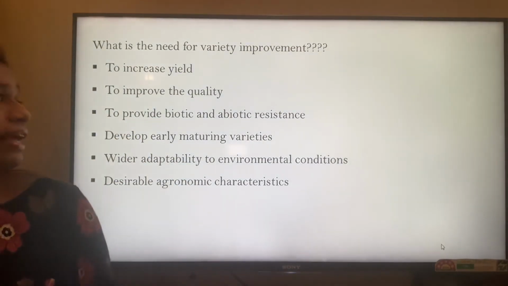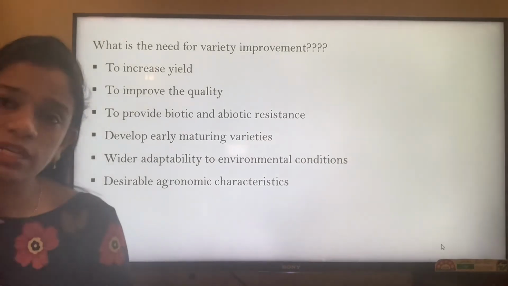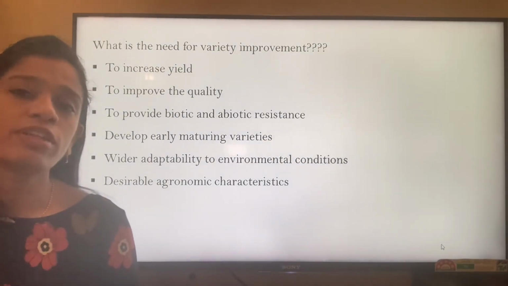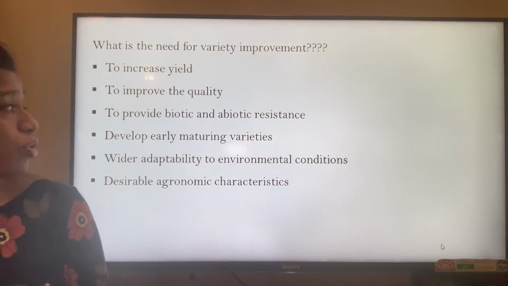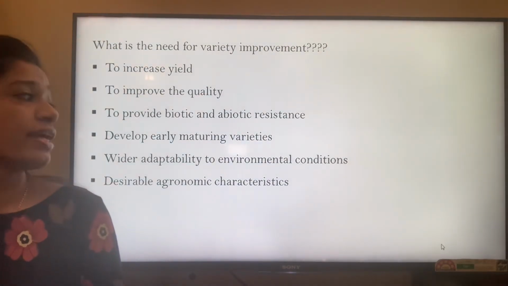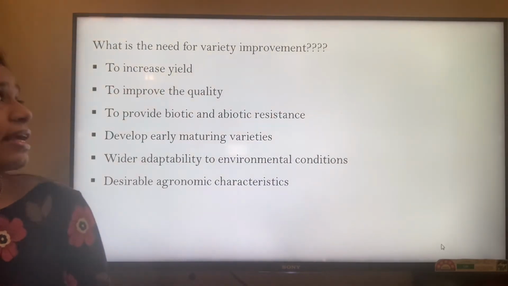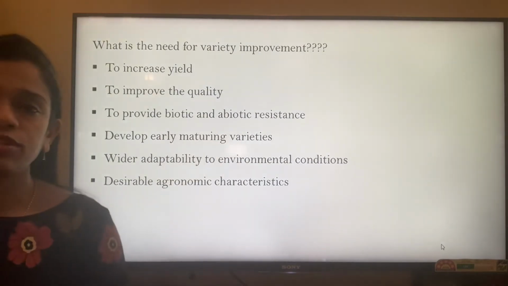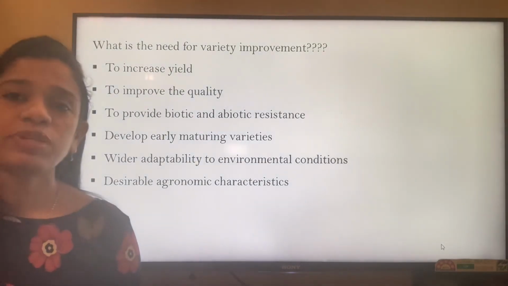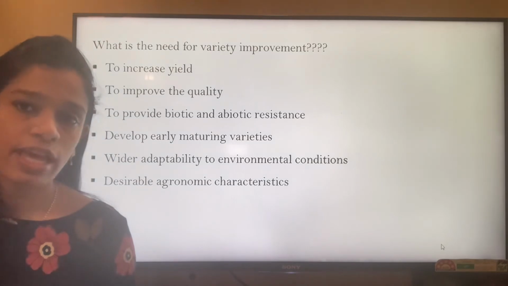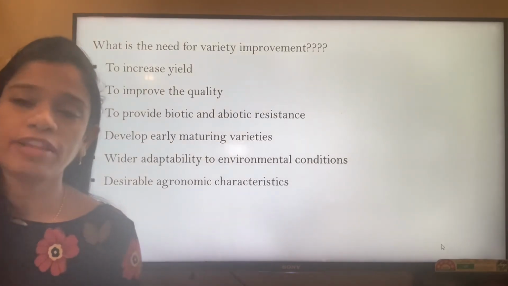Now, why do we need to improve the variety? That is to increase the yield, to improve the quality of the crop or the food product that is being produced, and to provide abiotic and biotic resistance. Biotic means those that are living and abiotic means those that are non-living.